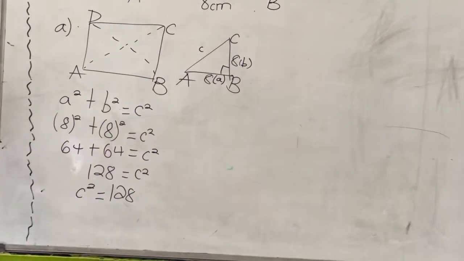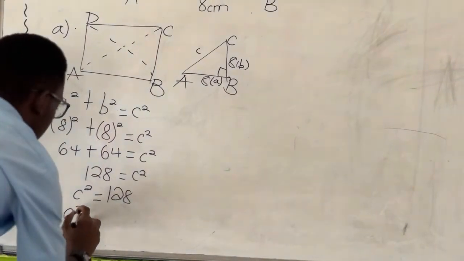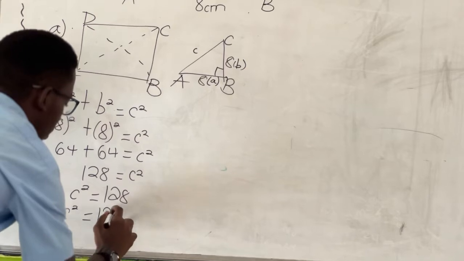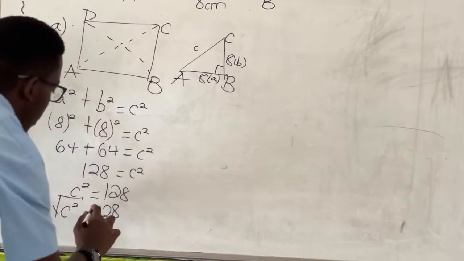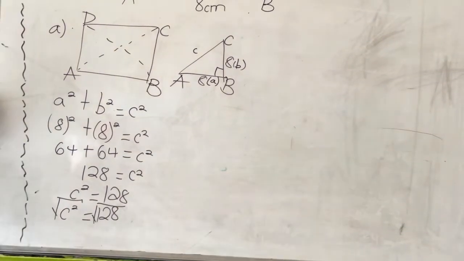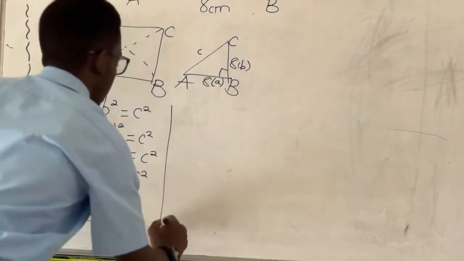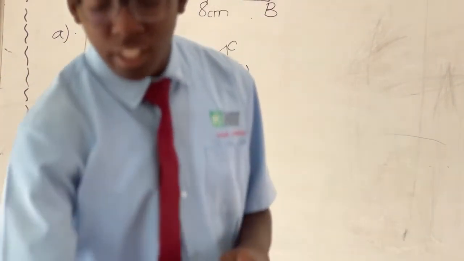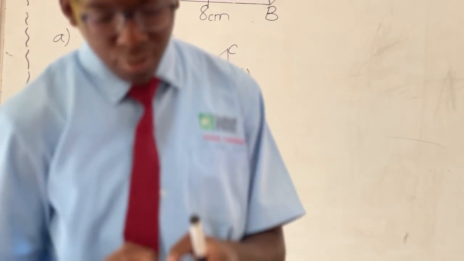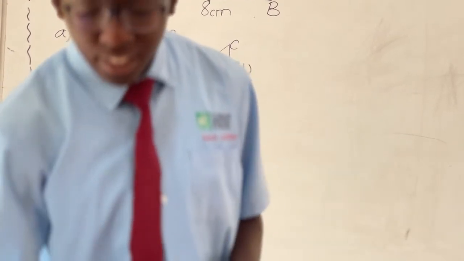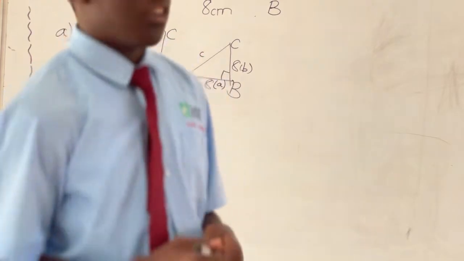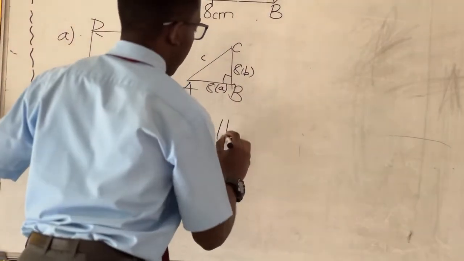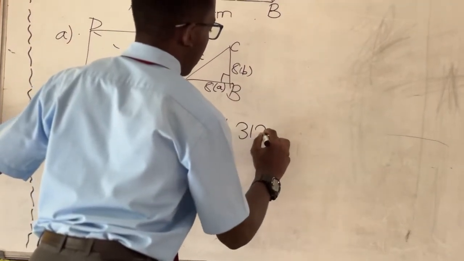From here we find the square root for both. I get my calculator. The square root of 128 is 11.313.